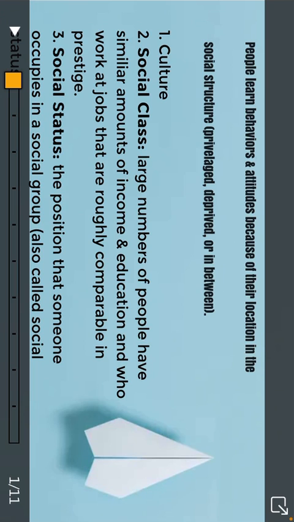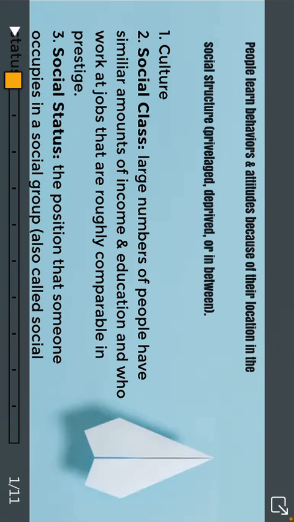The first one is culture. If you remember in chapter 2, we talked about how culture refers to a group's language, their beliefs, their values, their behaviors, and gestures. So this includes material objects used by a particular group, right? It determines what kind of people we're going to become. Your culture says a lot about you in any sense of that. The second is social class.